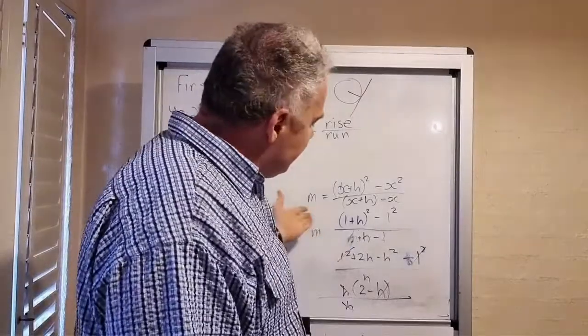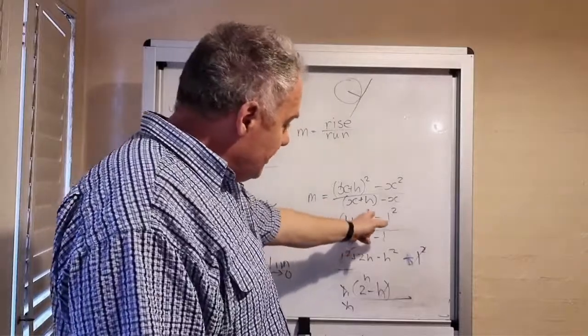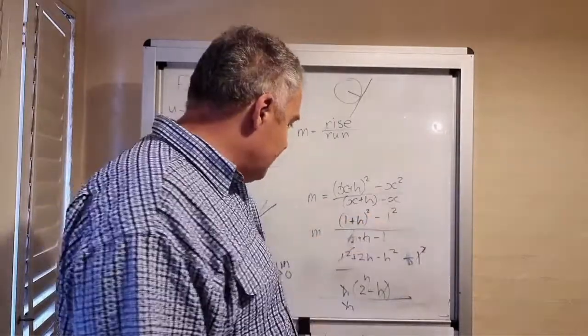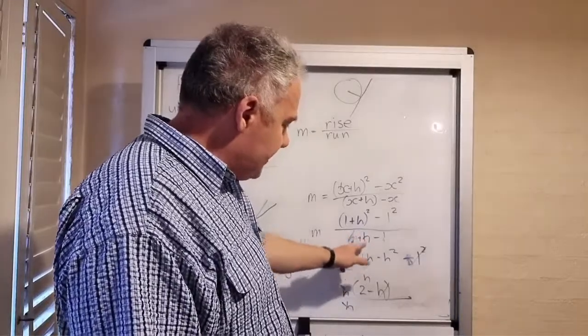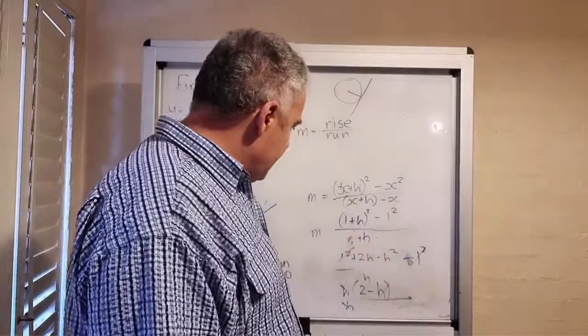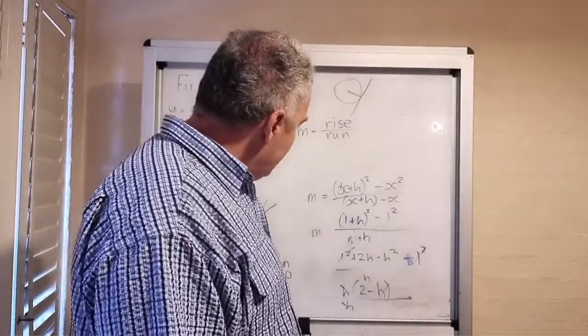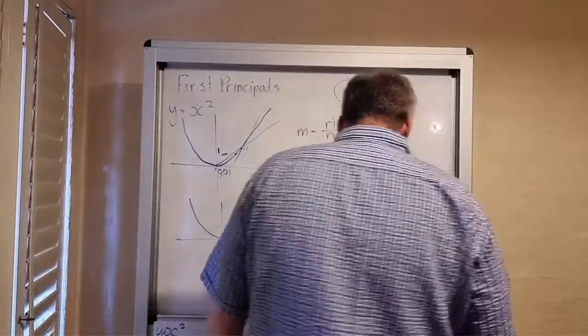Okay? So we can do that with the point 1. You have 1 plus h, squaring, minus 1 squared, and that's all over 1 plus h minus 1, which just leaves you with h. Then you can square it. Oh, that should be plus.